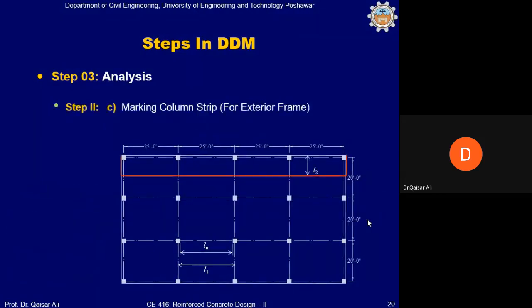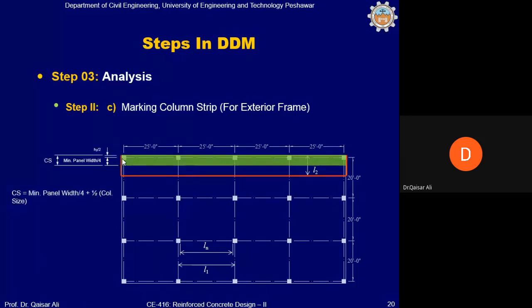The exterior frame column strip will be equal to panel width divided by 4, because the column strip will extend only on one side of the column center line, and on the other side there is no panel. There is only an extension of the slab to the column edge. This will be added to the column strip.